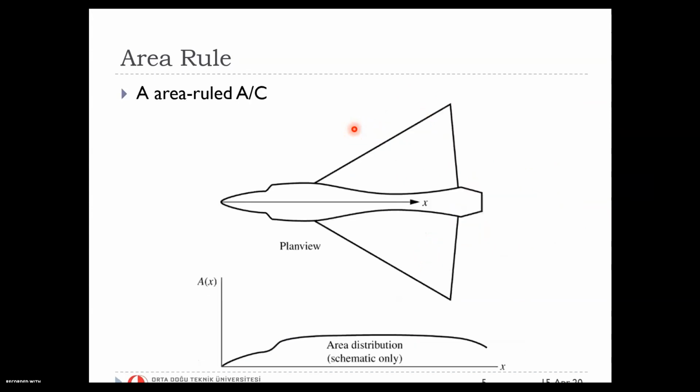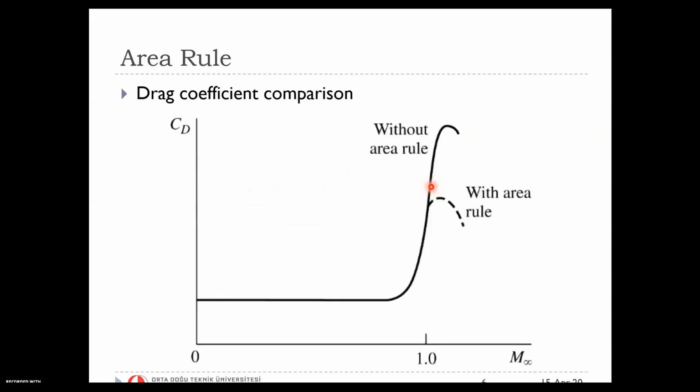So try to have smooth variations of the cross section area, particularly if you are planning to fly at sonic speeds or in the transonic regime or in the supersonic regime. Try to have smooth variations of the cross-section area as much as possible. Okay, so this decreases the peak drag coefficient value that you would observe at free stream Mach number 1.